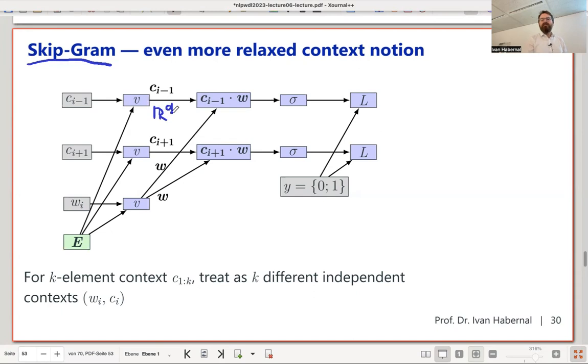But then you don't sum up the context together; you just take each single context word, the previous one and the next one, separately, and make the dot product with the target word. Make the dot product separately for each word, run each through a sigmoid, and compute a loss for each. And again, this is saying whether this is coming from the true context or not.